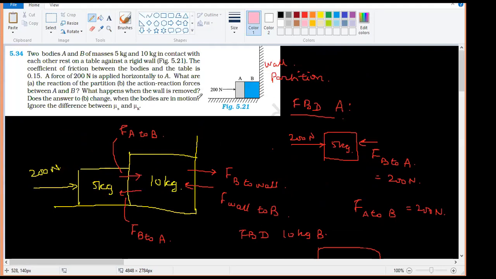Okay, so what happens when the wall is removed? When the wall is removed, this entire block will start moving, right?